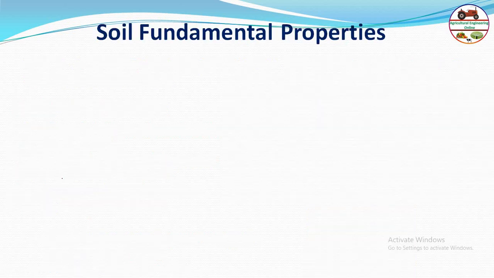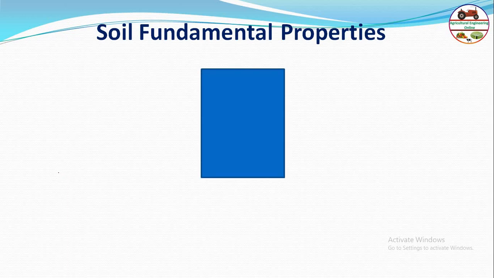First, the different fundamental properties. So let us say this is the soil. We already discussed that soil is a combination of different elements, in solid, liquid or gaseous state.